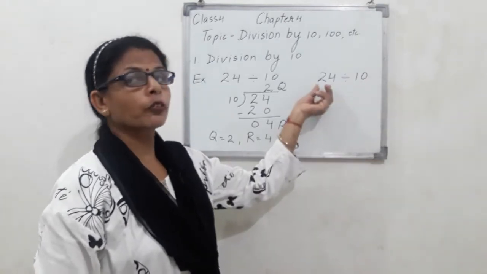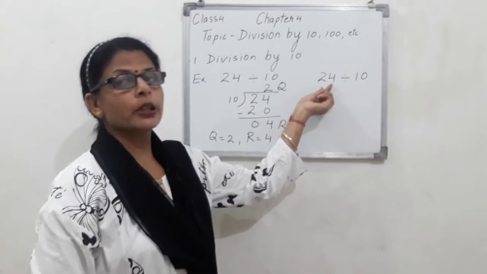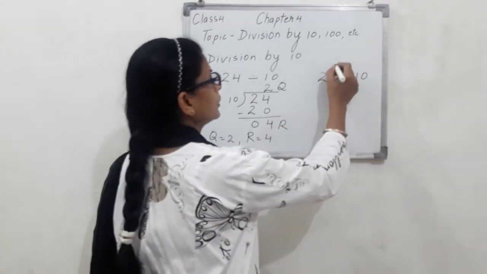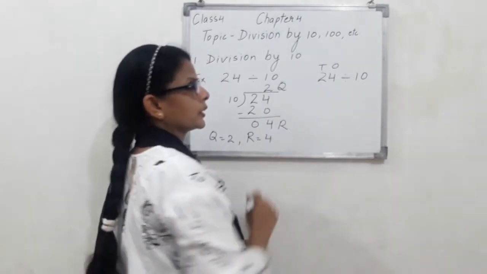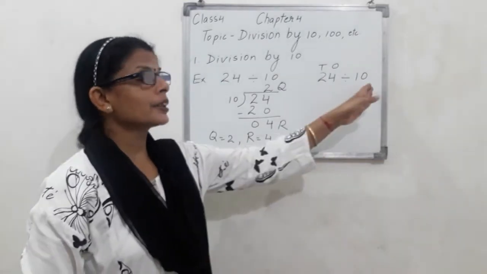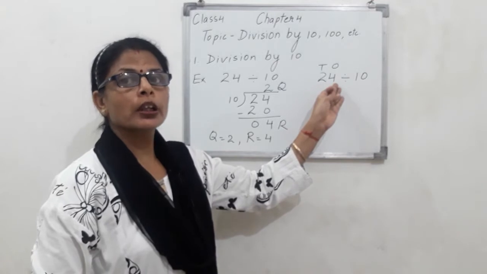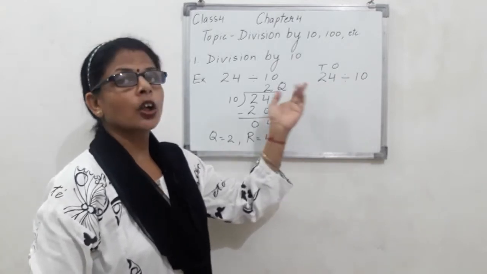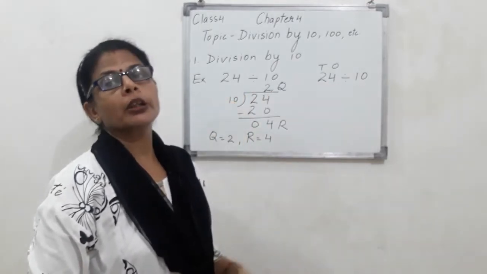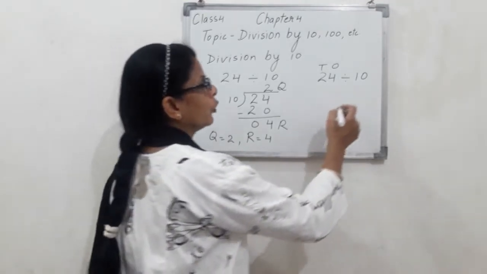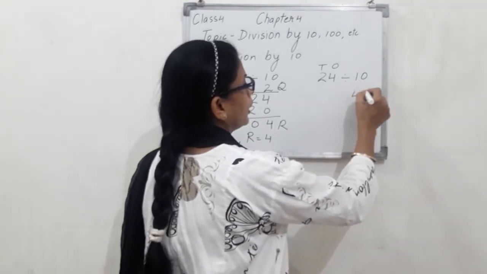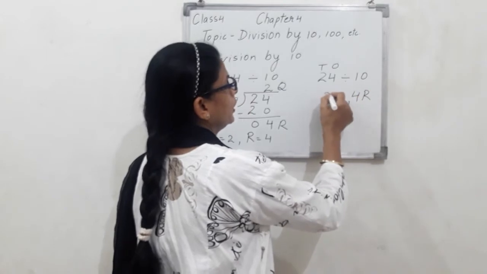So here also from the dividend, this is the ones place and this is the tens place. Right? In the divisor there is 1 zero. So the ones place will become the remainder and the tens or whatever places are left will become the quotient. 4 will be the remainder and 2 will be the quotient.